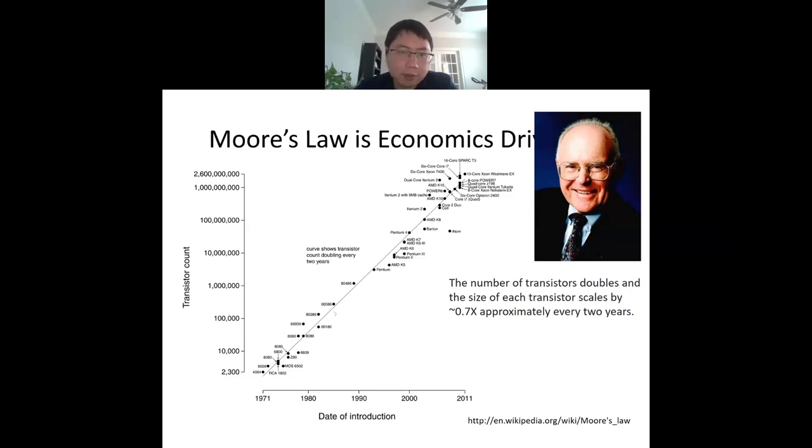Most of the chips here are from Intel, but you do see some AMD chips as well. So this transistor count doubles almost every 2 years, and this is incredible for the economics of the semiconductor industry.